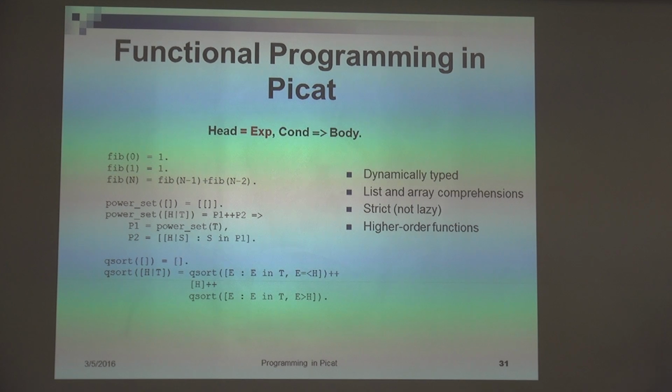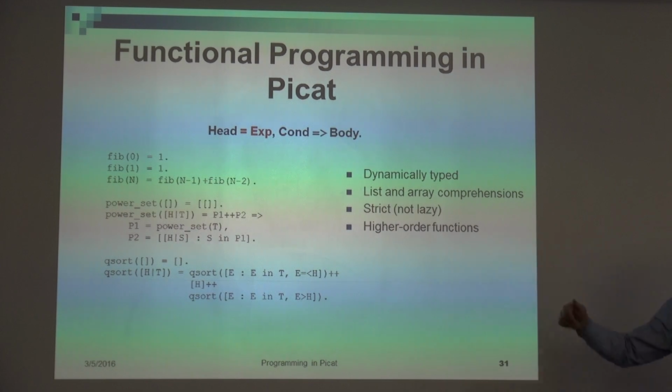For each source there is only one sink, one image. So all rules in a function definition must be deterministic. In case the condition is true and the body is true, you can just write the equation, this head equal expression.